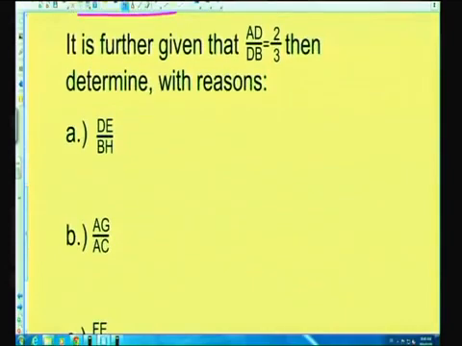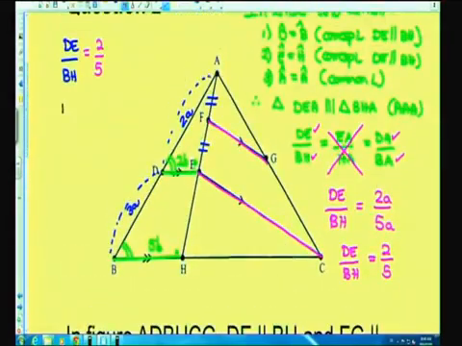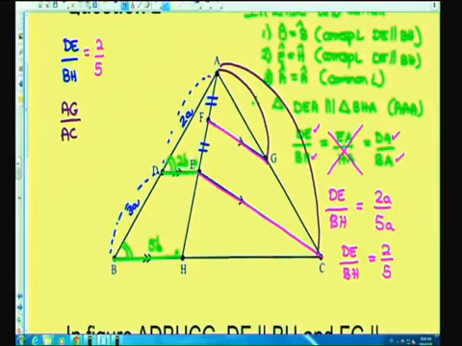Next, they wanted AG to AC. So AG is this guy, and AC is this whole one. Will we still be working with the same parallel line we were working with before, where we can see that those green parallel lines have got nothing to do with those two sides?